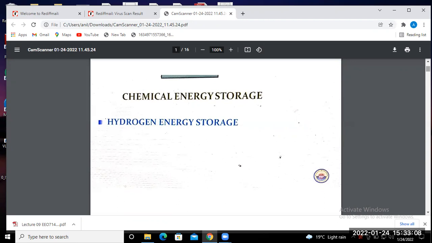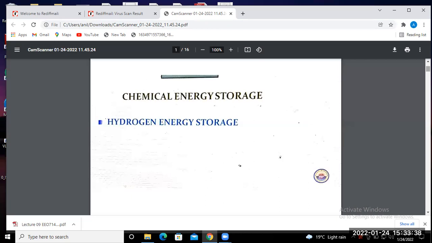Okay, so let's start the class about hydrogen energy storage. You may know that hydrogen is one of the most useful fuels we can use for energy transfer, such as heat or some other forms.